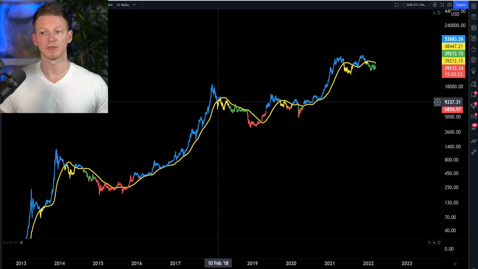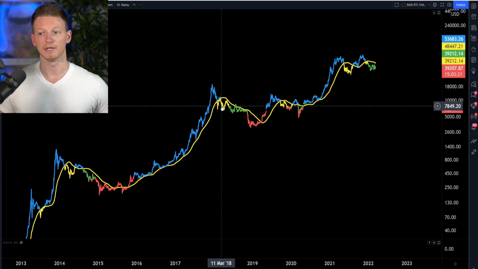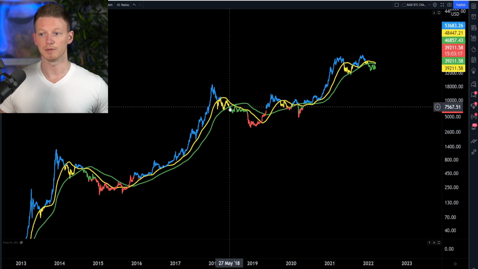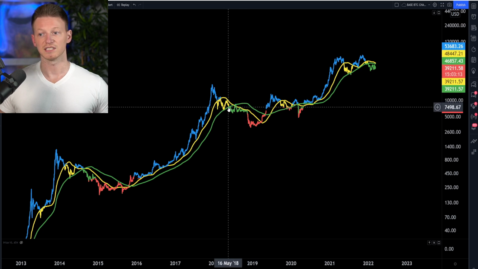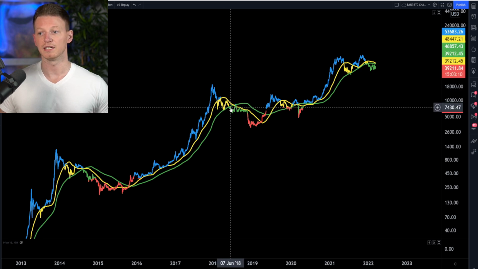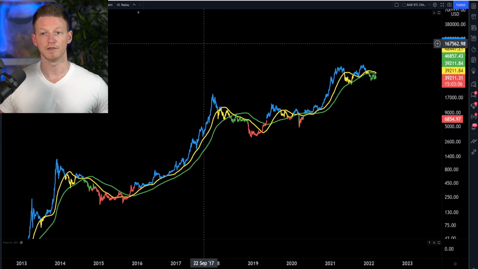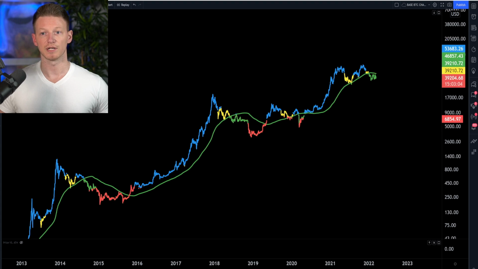So if it's yellow, that means we're below the 20-week. But if it becomes green, as you see, when the green 50-week moving average crosses over the price of Bitcoin, this metric turns green, indicating that Bitcoin is now below the 50-week, all right? And then so on and so forth.